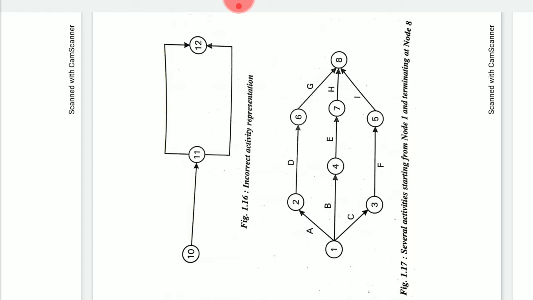You can observe activity D starting just after completion of activity A, and connected to and followed by activity G, and activity E starting just after completion of activity B, and of course activity E is followed by activity H. Similarly, activity F starts just after completion of activity C, from the third node, and activity F is followed by I. So in the eighth node, it is going to terminate.